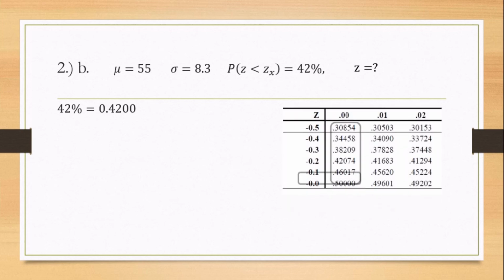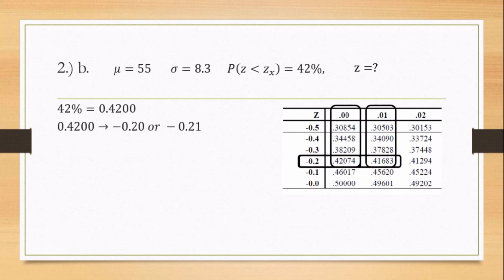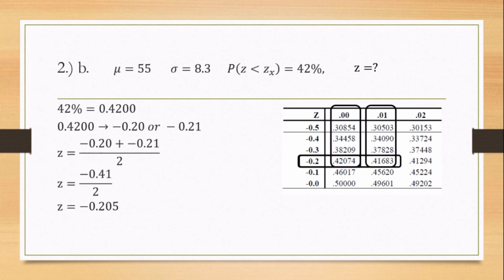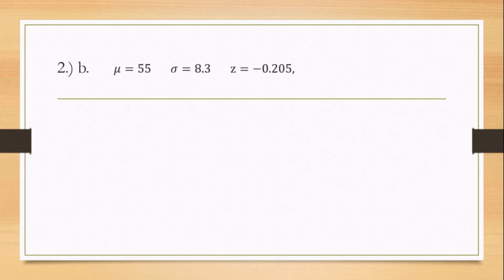As shown, there are two values, -0.20 and -0.21, that are close to the given area. We just need to get its average for us to have the z-value, which is -0.205.